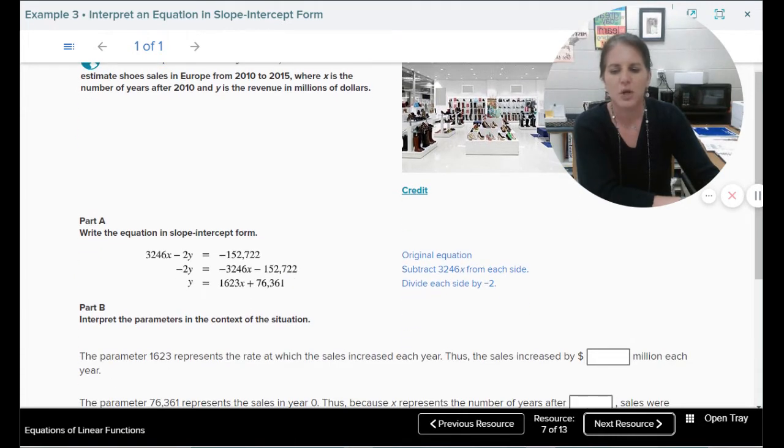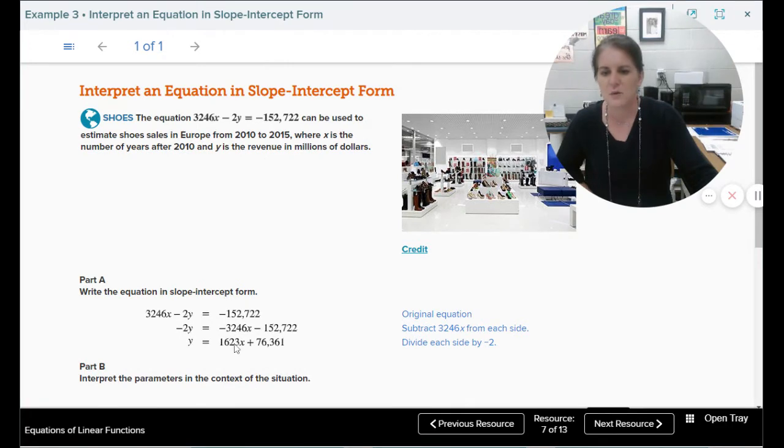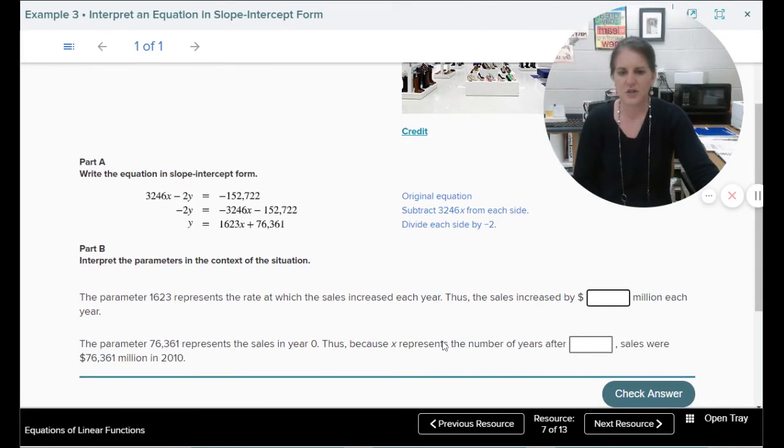So if I want to interpret that, the parameter 1,623 represents the rate at which the sales are increasing each year since 2010. Thus, the sales increased by how much? Let's see, what was our number again? 1,623 million each year.